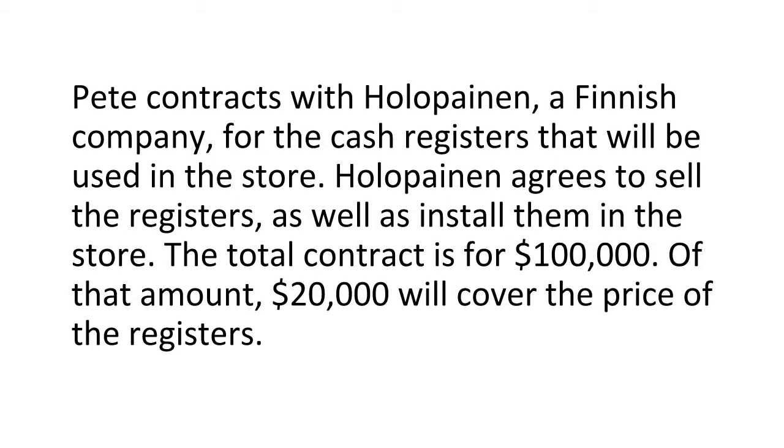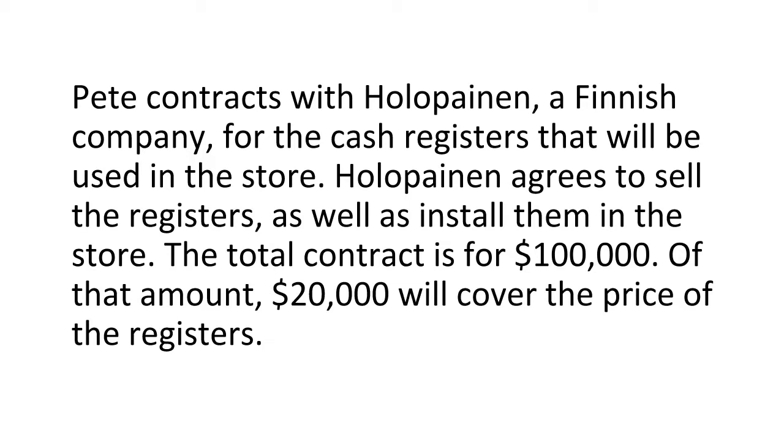Pete contracts with Holopainen, a Finnish company, for the cash registers that will be used in the store. Holopainen is going to sell the registers as well as install them in the store. The total contract price is $100,000. And of that amount, $20,000 will cover the price of the registers. Here we turn to that rule regarding predominant part. What is the predominant part of this contract?